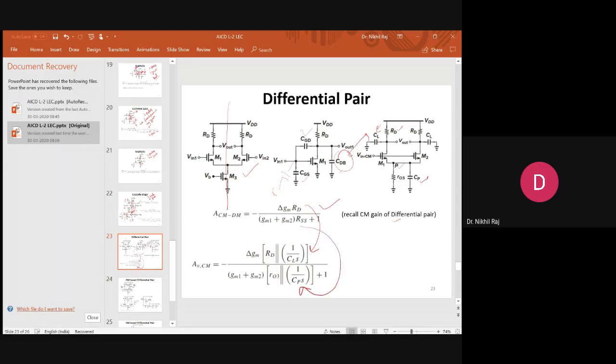Okay, this is just to give you an idea that if I am operating at low frequency, then AVCM will be equal to the AVCDM that we have done earlier. But if we move to higher frequency, this factor will give some changes in the equation, and then my CMRR will change.